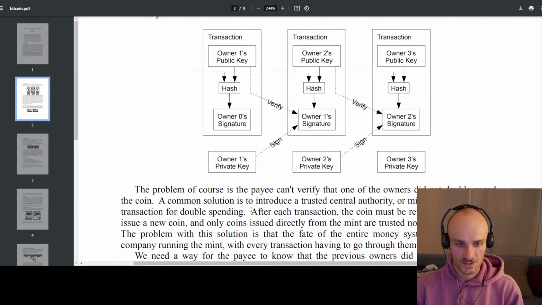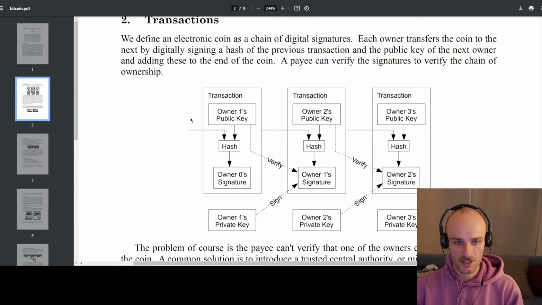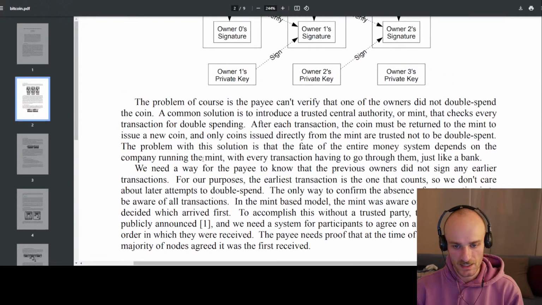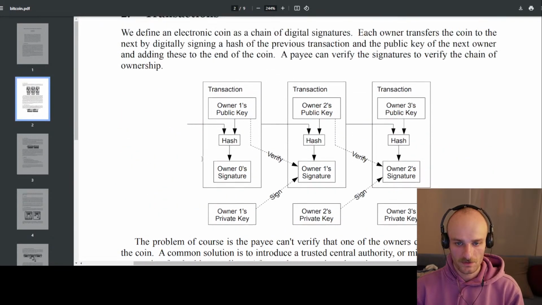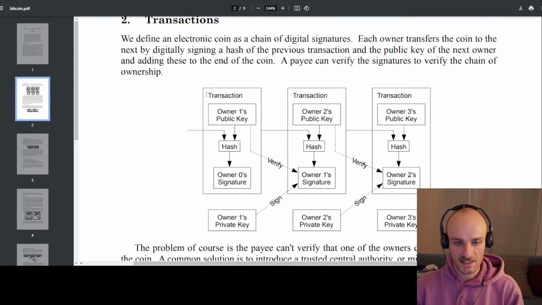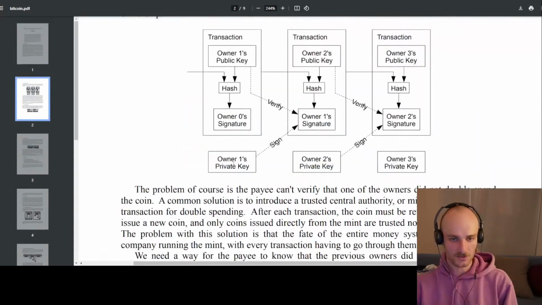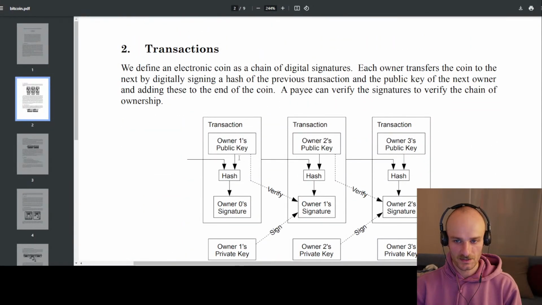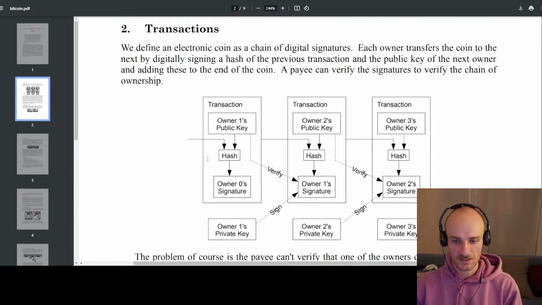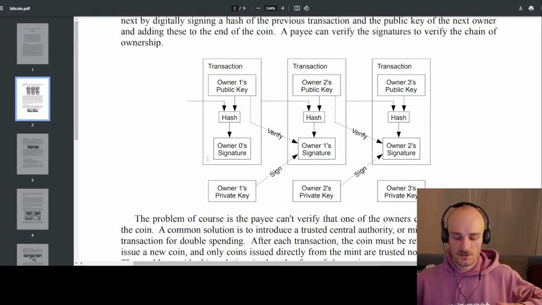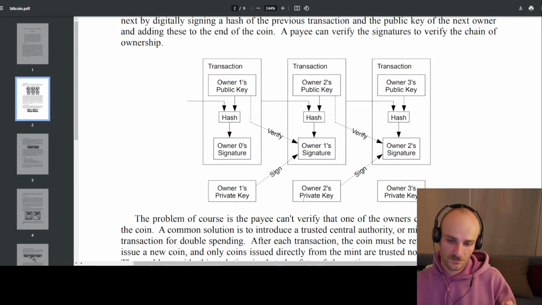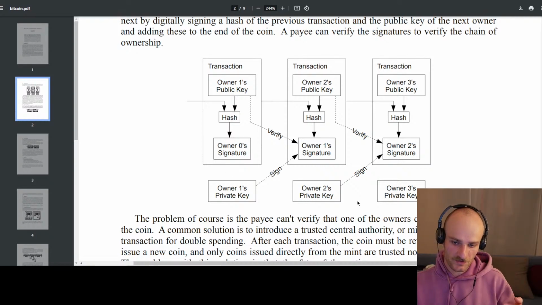Okay, so this is the chapter about transactions. It's just laying down an analysis of the current solutions, the other electronic cash systems which have been proposed, which, as already mentioned, used to propose solutions only for the signature side of the mechanism.